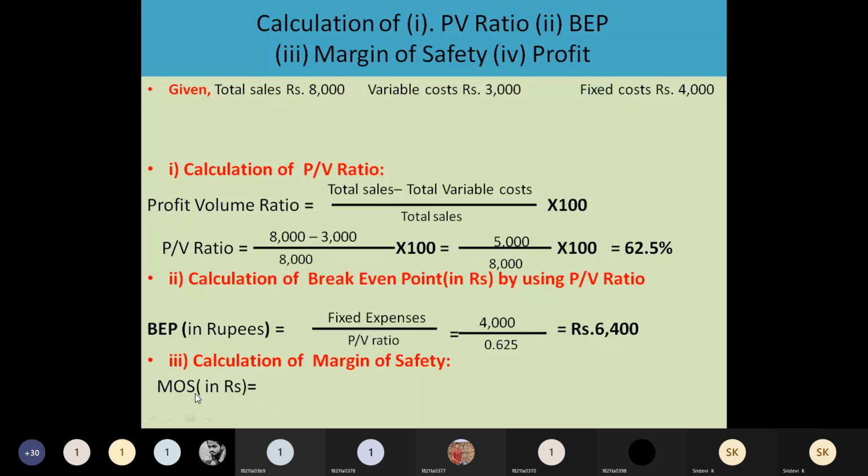So MOS in rupees formula is actual sales in rupees minus break-even point sales in rupees. Actual sales means the total sales, that is 8,000. So replace those values here: 8,000 minus BEP sales.